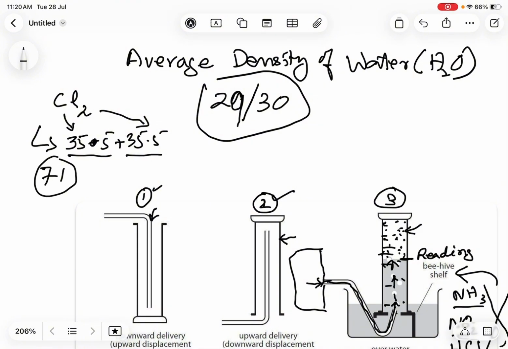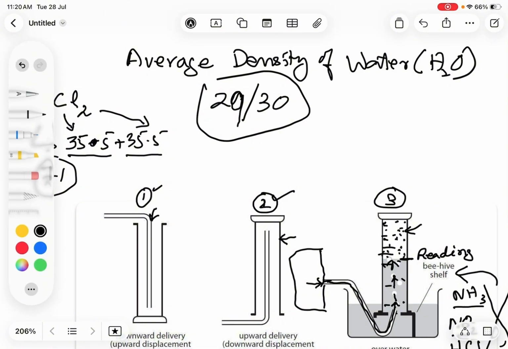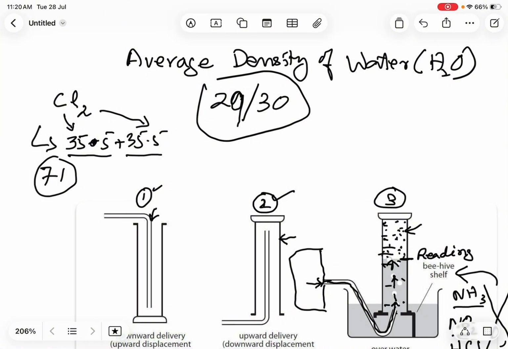So chlorine gas has a mass of 71, but as we have just discussed, those gases which have a mass greater than 30, those gases are heavy, or in other words denser than air.